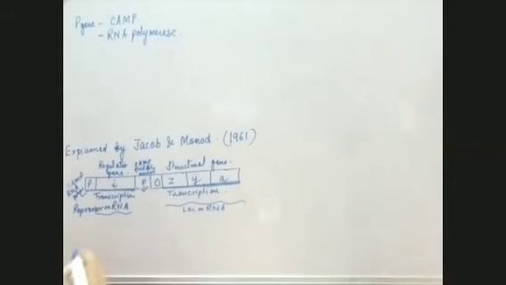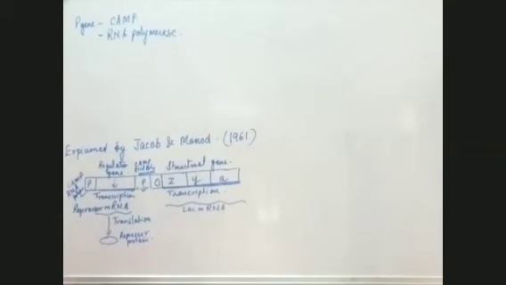This repressor messenger RNA then undergoes translation, and by translation a repressor protein is formed. And what is formed here?